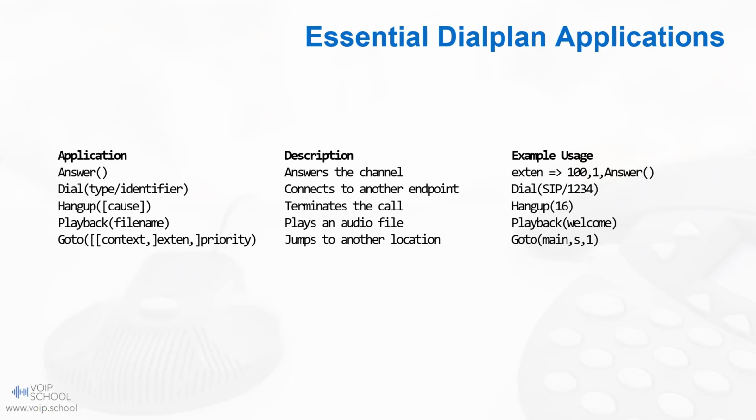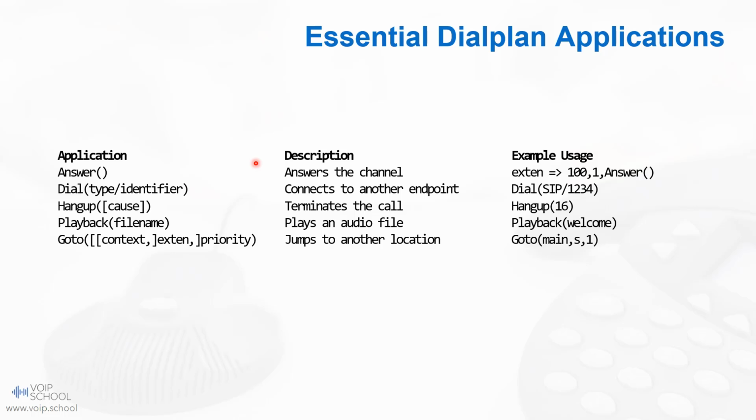In Asterisk PBX, there are several essential dialplan applications that allow us to perform various call handling operations. The Answer application answers the channel, enabling further call processing. Dial, with type and identifier, connects to another endpoint such as a SIP device or a telephone number. Hangup, with an optional cause, terminates the call with a cause code.